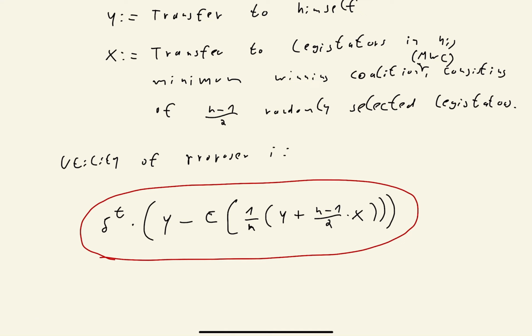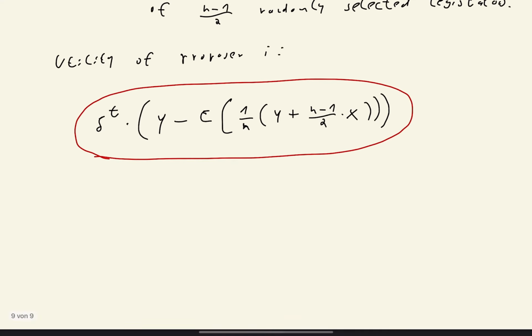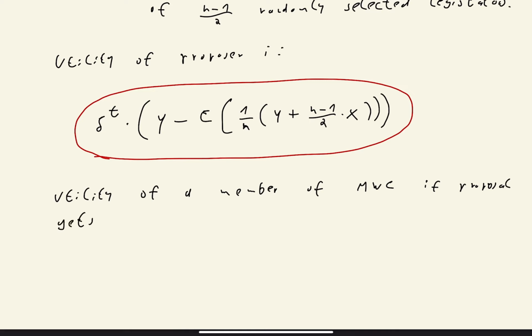Now, the utility of a member of the minimum winning coalition if the proposal gets accepted is the following.